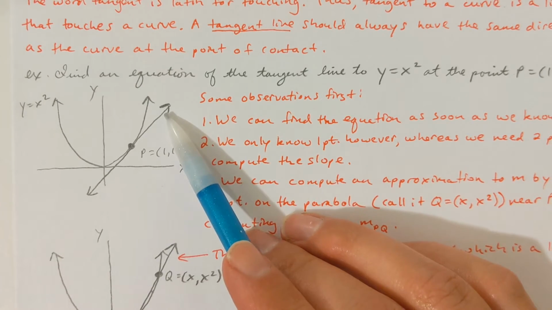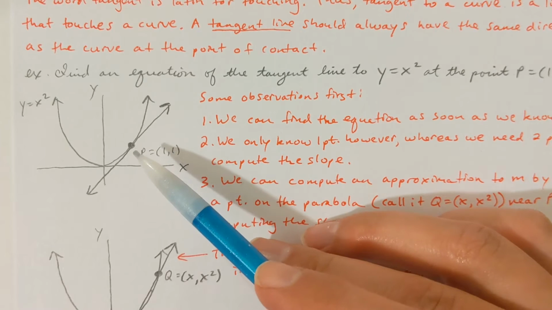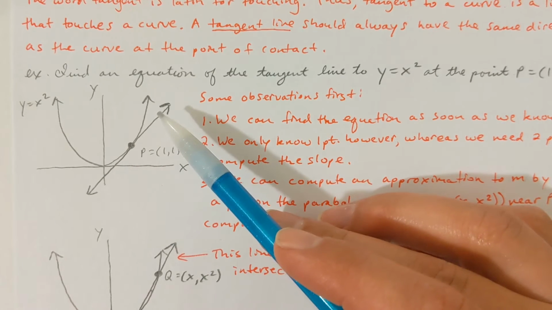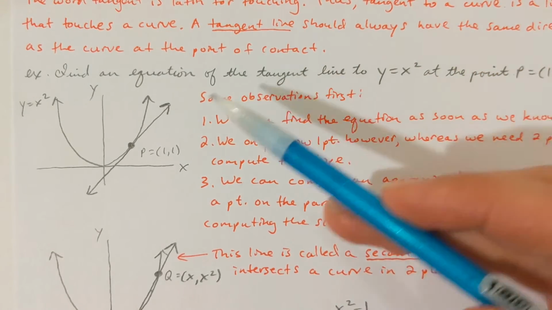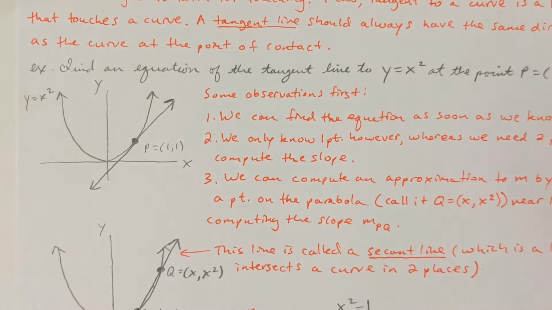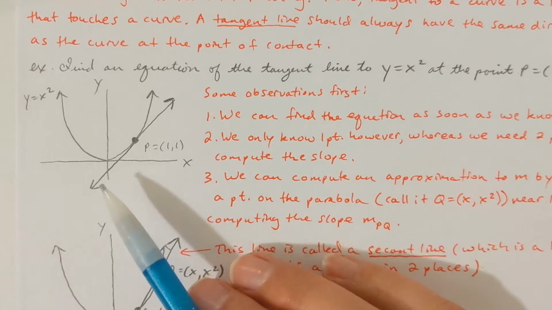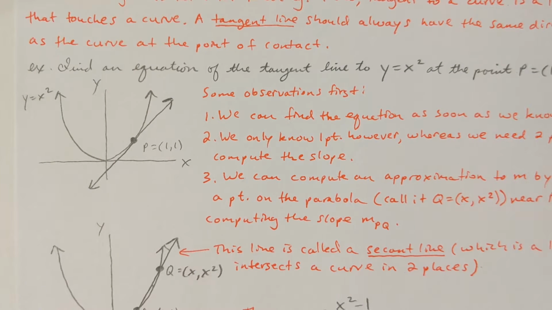Now, a tangent line, again, is a specific line that is touching the curve at a single point and also flowing in the same direction as the curve at the point of contact. Again, I could draw a line anywhere. You know, I could draw a horizontal line. I could draw a line slanted any way. Okay, this is a specific line, and we want to find the equation of this line.